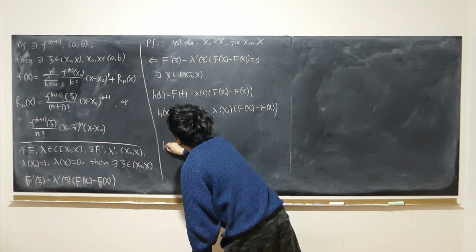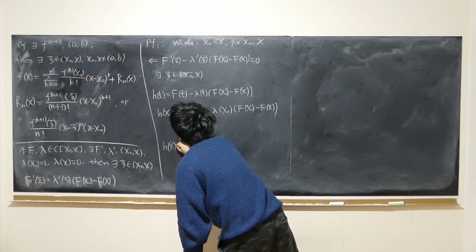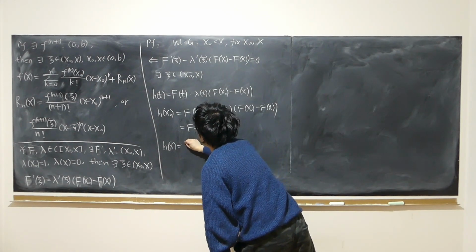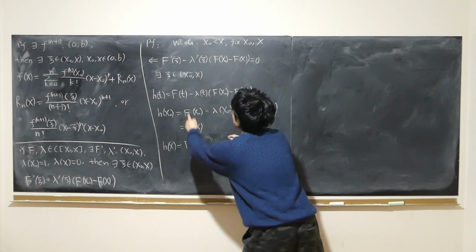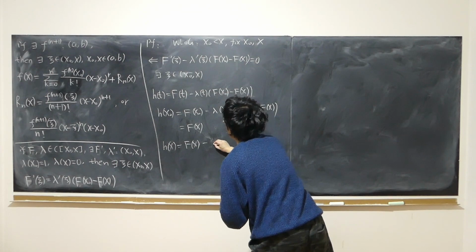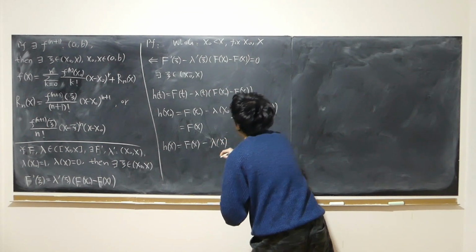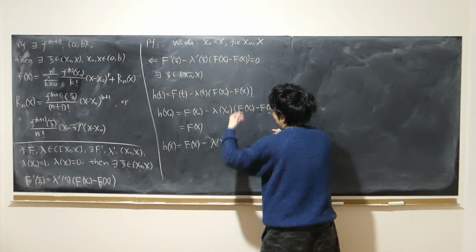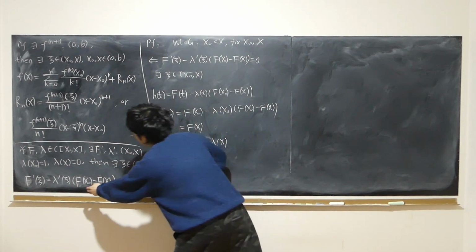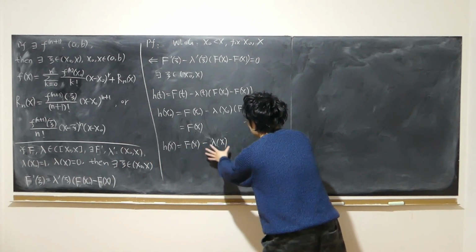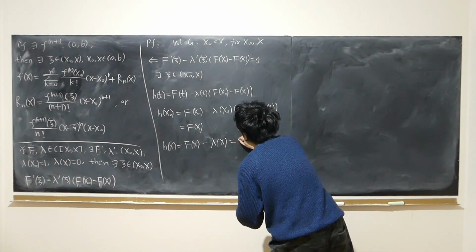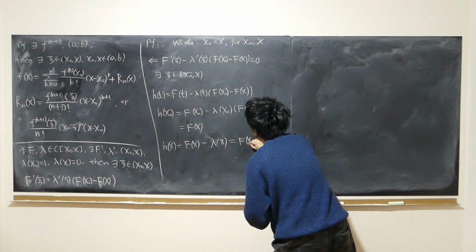Let's verify h of x. That is equal to f of x minus lambda of x times whatever. We assume lambda of x is equal to 0, so this is equal to f of x.